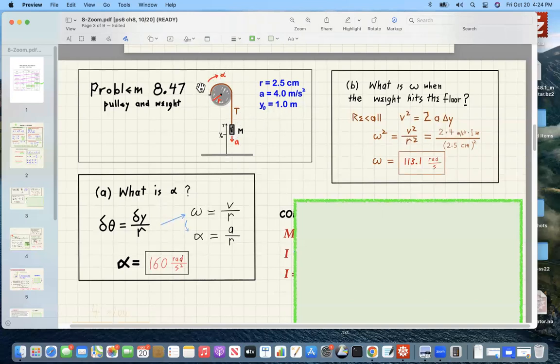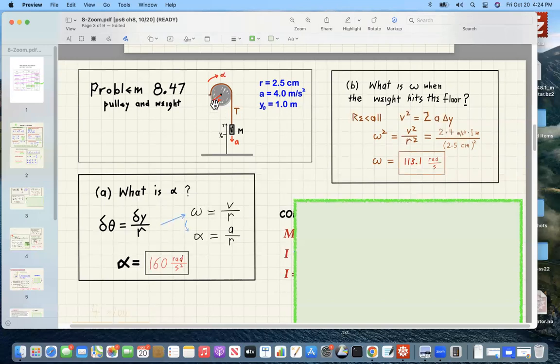We always start by drawing a picture and labeling it. Well, here's the picture. There's gravity pulling the mass down. There's also a string attached to the top of the mass and attached to the pulley, or the disc.